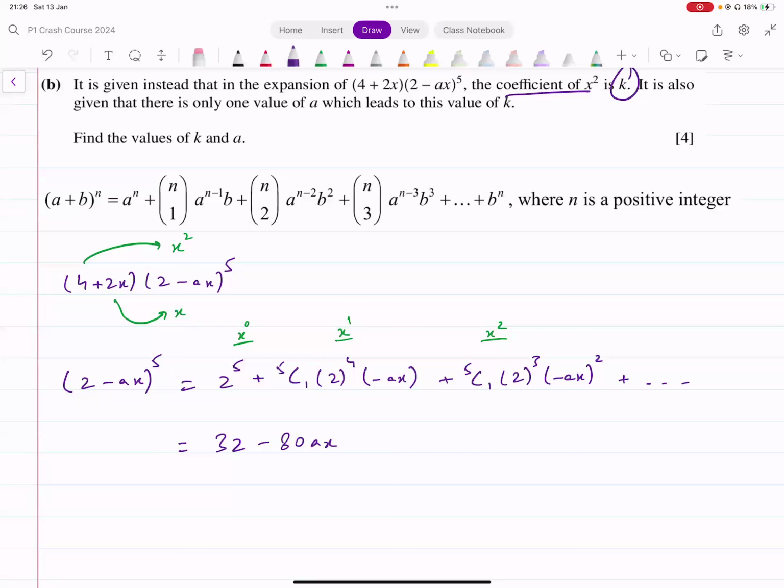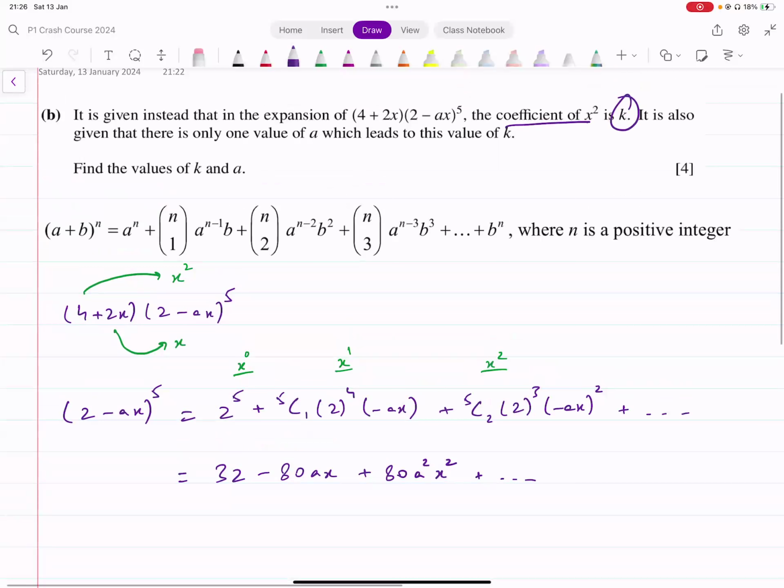You'll simplify this, you'll get minus 80x. Plus, okay, this was 5c2, sorry. 5c2 is 10. So you have 10 into 8. That's also 80. But then minus is inside the square now, so that gets eliminated. You have a squared x squared. This is what we get.